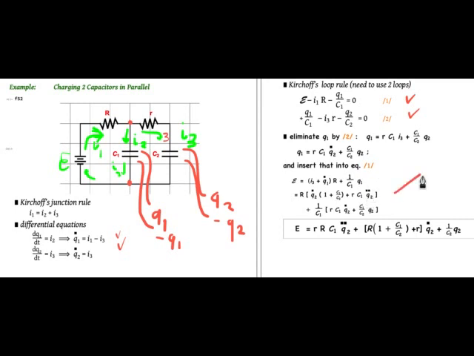I hope you're taking notes and you can follow along in the calculation as we go. All right, so that's I1 R. Now I have to have Q1 over C1. Well, Q1 I already have here. So it's 1 over C1 times R C1 Q2 dot plus C1 over C2 Q2.